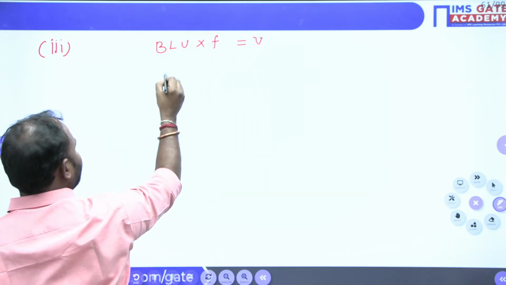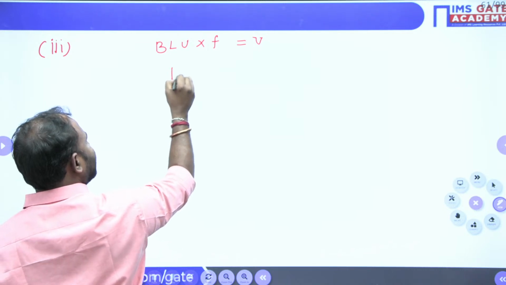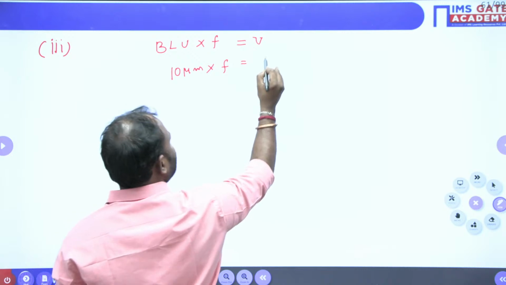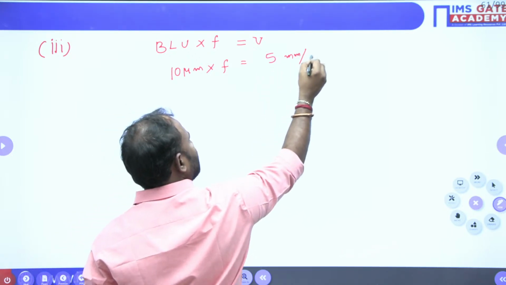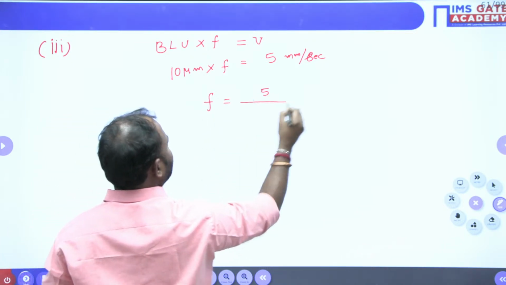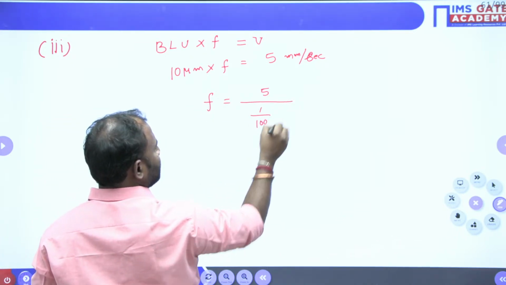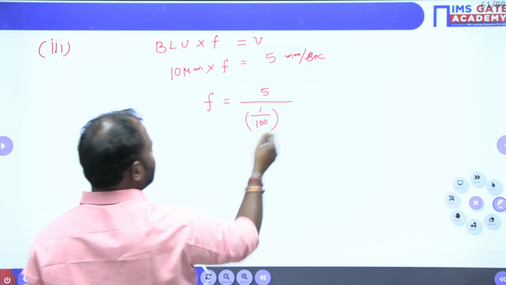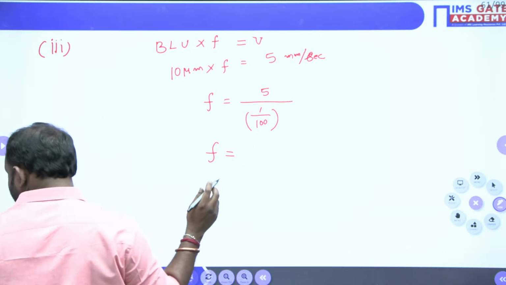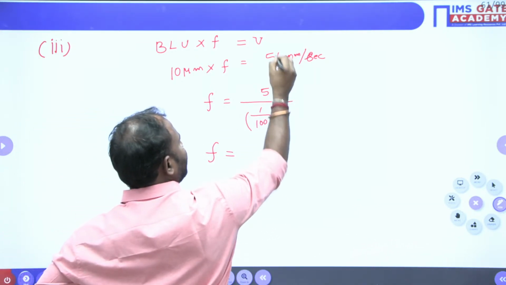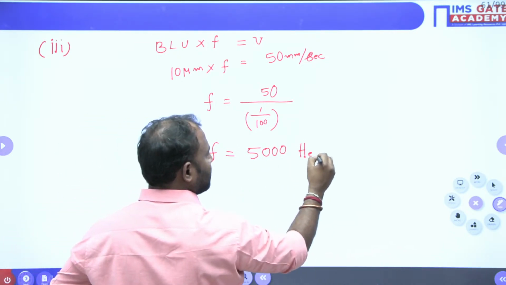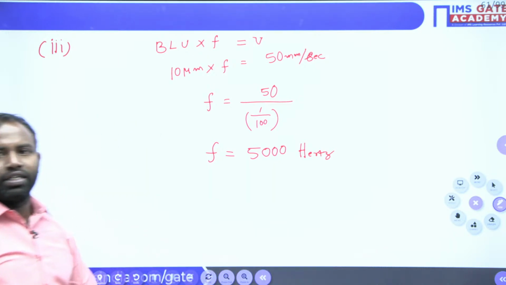The basic length unit is 1 by 100 mm, that is 10 micrometer, into frequency, which we don't know, equals table speed, which we know is 50 mm per second. Now F is equal to 50 divided by 1 by 100 mm. So from here you are going to get 5000 hertz.